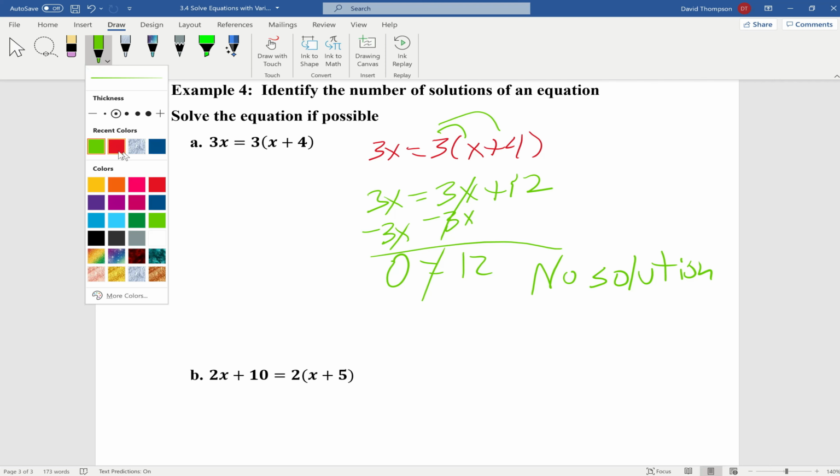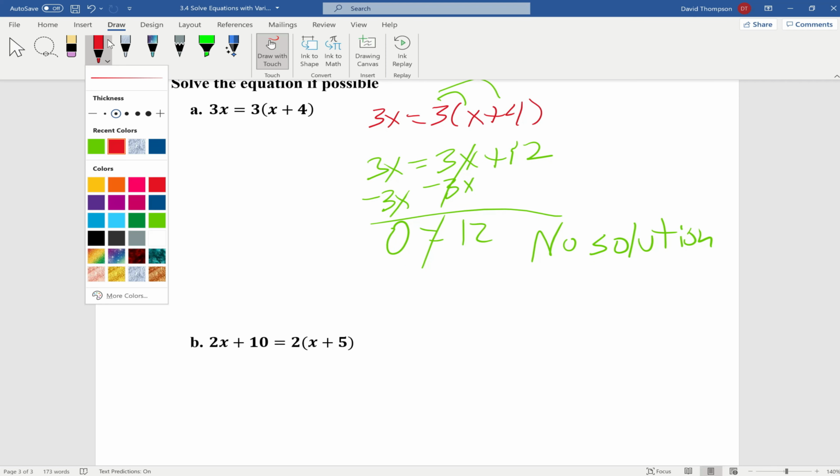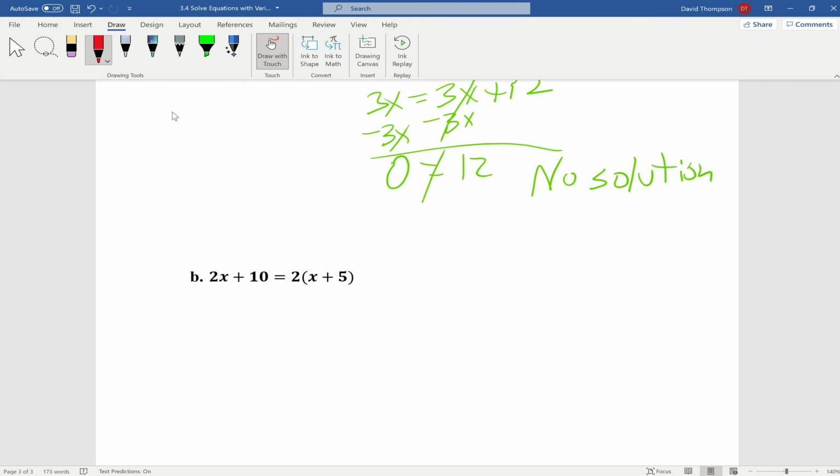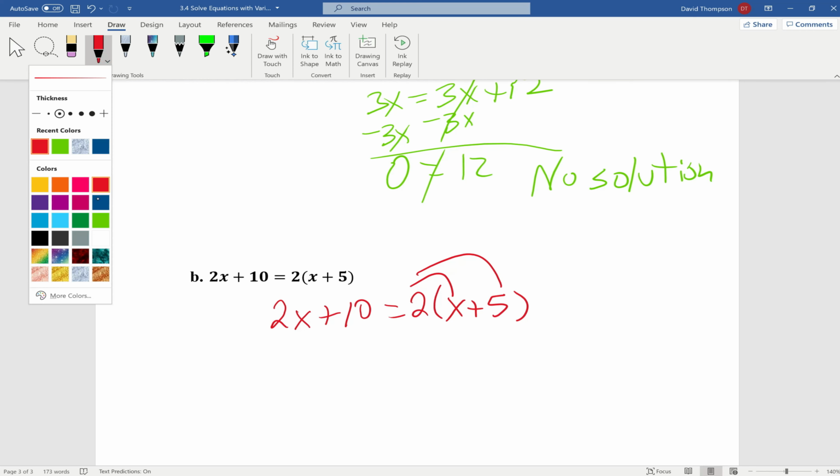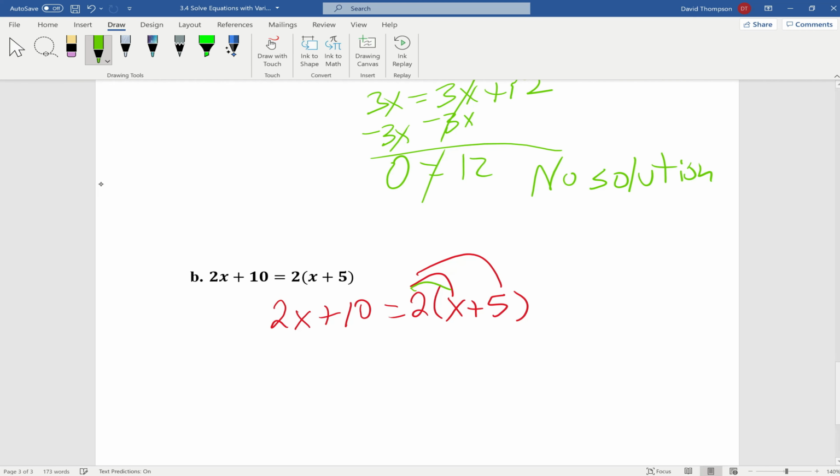Next example. We have 2x plus 10 equals 2 times (x plus 5). Distribute on the right side, and we have 2x plus 10 equals 2 times x, which is 2x, plus 2 times 5, which is 10.